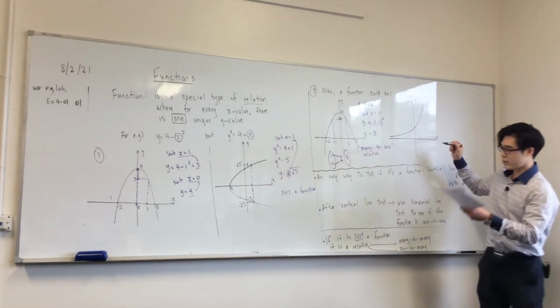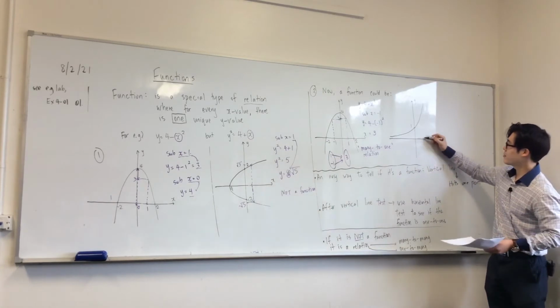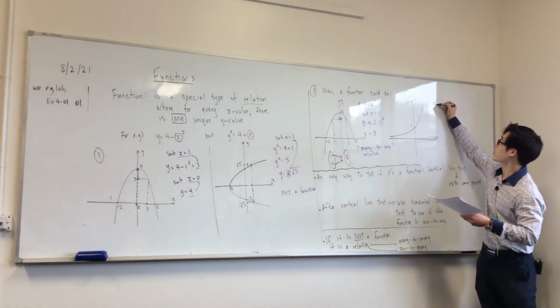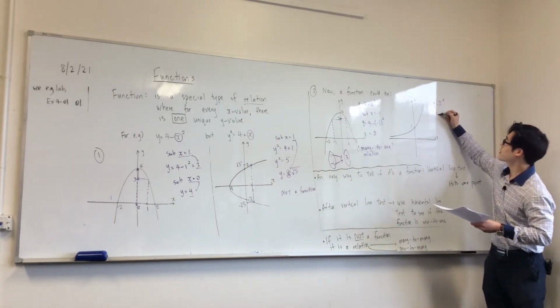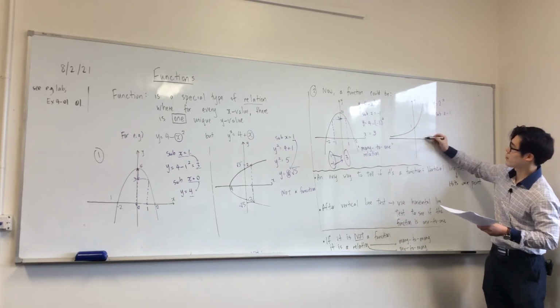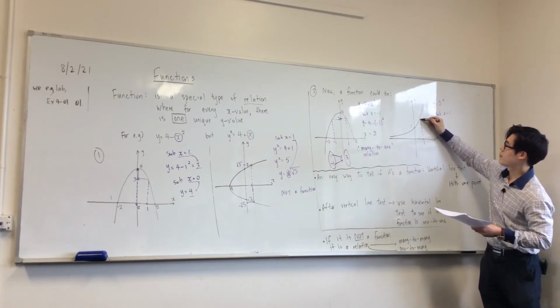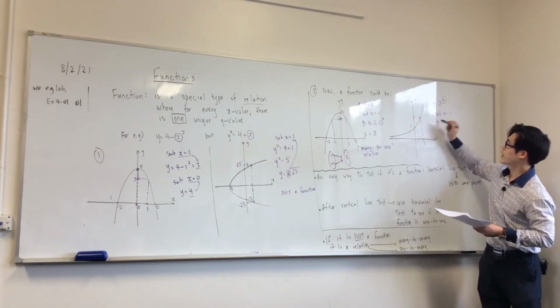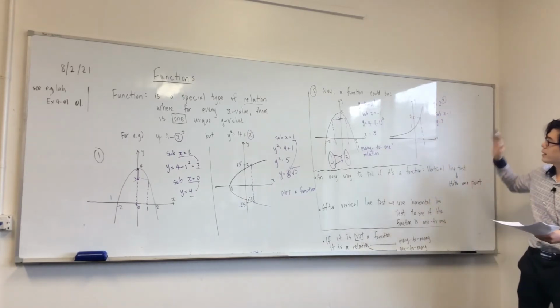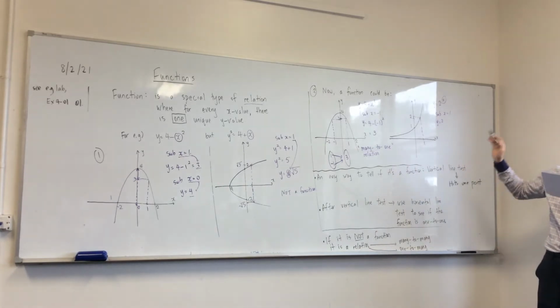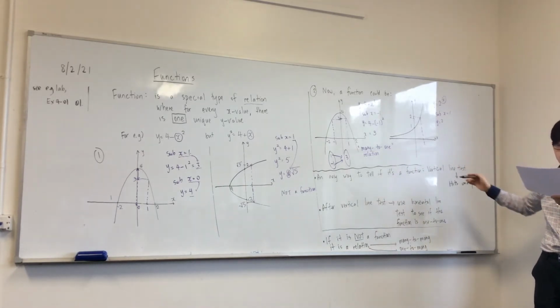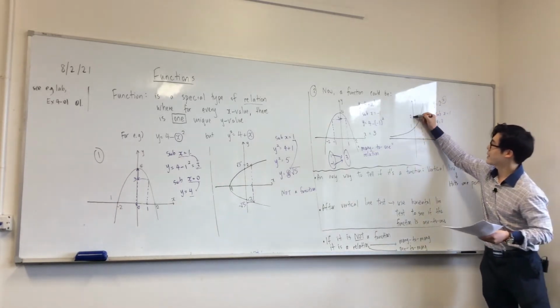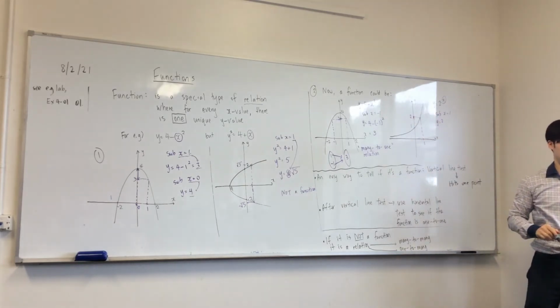Now, this, on the other hand, girls, is the equation y equals 2 to the power of x. If I substitute x equals 1, for example, if you put 1 in here, you're going to get y equals 2. My question is, are there any other possible x values that could also give you y equals 2?